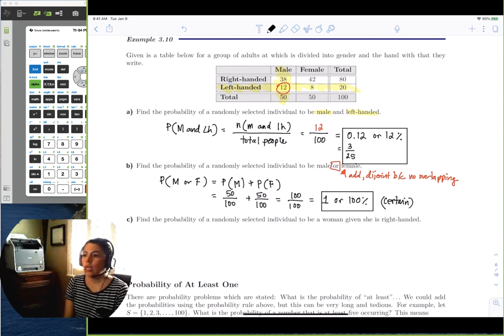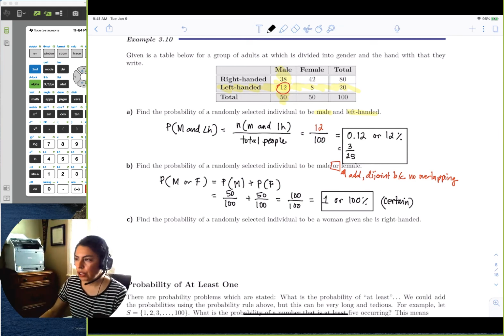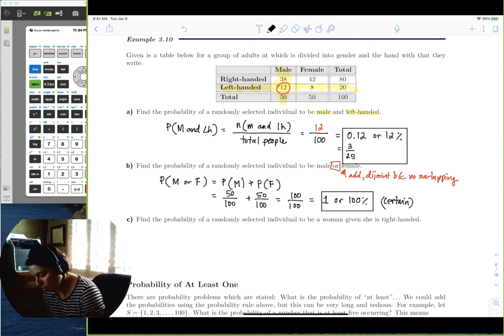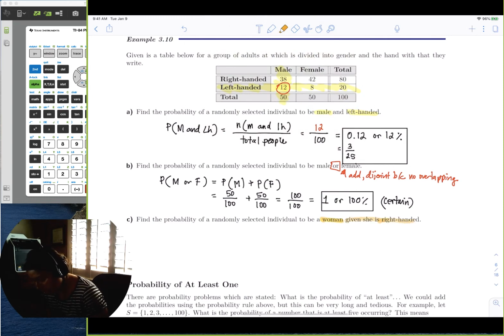Okay, this next one's going to be a little tricky, and so we just want to be careful when we read this. So the probability of randomly selecting an individual to be a woman, given she is right-handed, given that she is right.